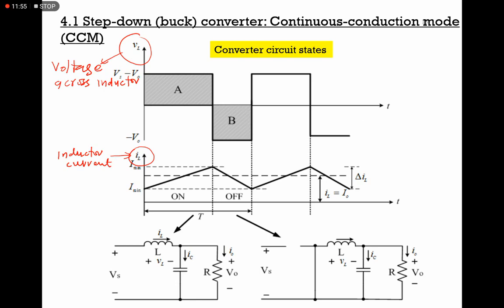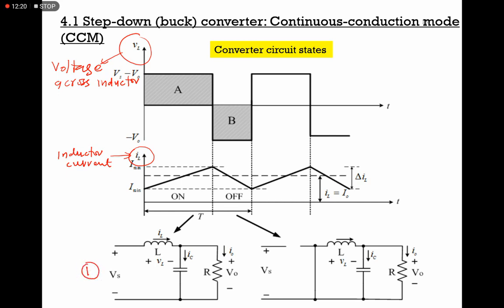In order to produce these two waveforms, we need to do some analysis of the circuit. The analysis of the circuit will be based on the switch operation. When your switch is on, you will have one equivalent circuit, which is this one here.